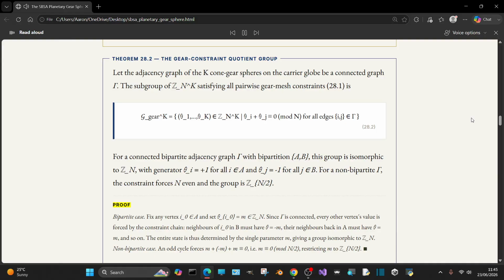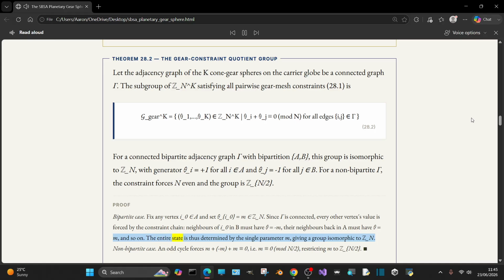Proof. Bipartite case. Fix any vertex i_0 ∈ A, and set θ_{i_0} = m ∈ Z_n. Since Γ is connected, every other vertex's value is forced by the constraint chain. Neighbors of i_0 in B must have θ = -m, their neighbors back in A must have θ = m, and so on.